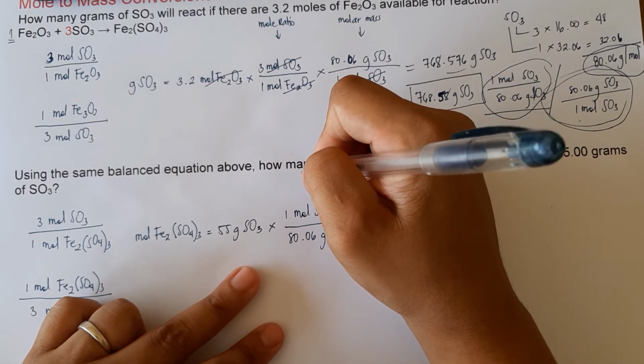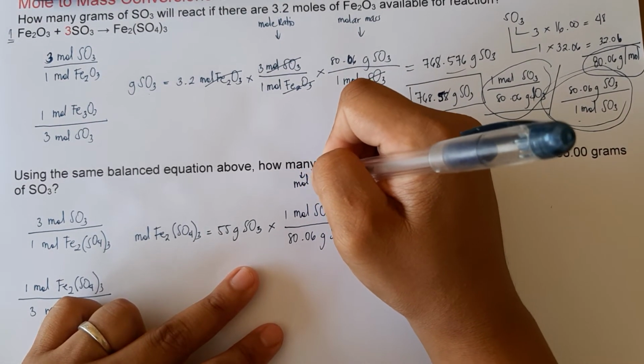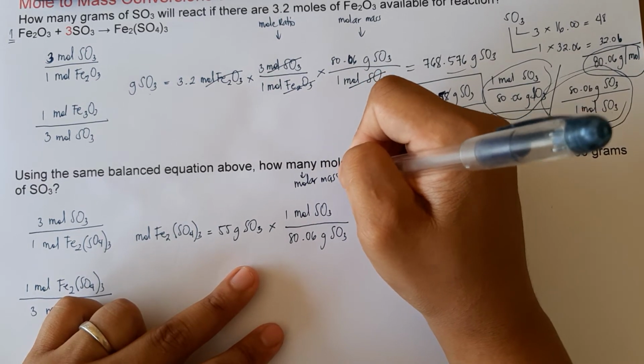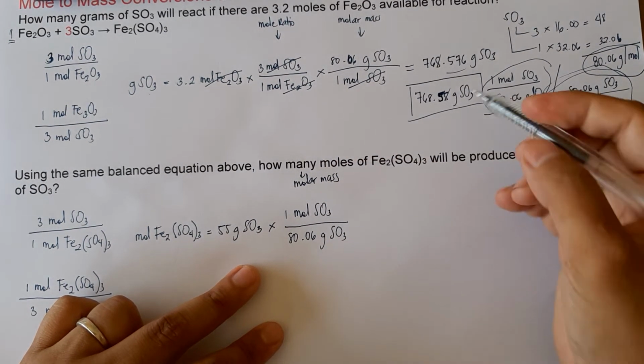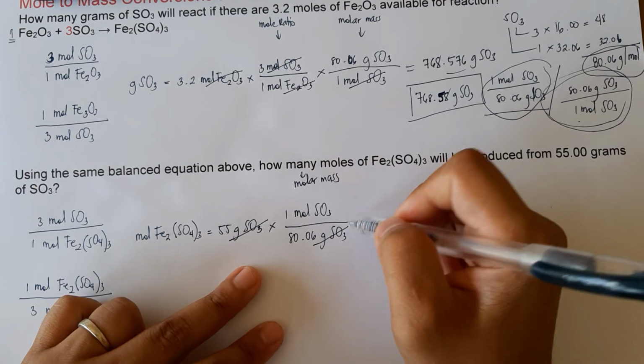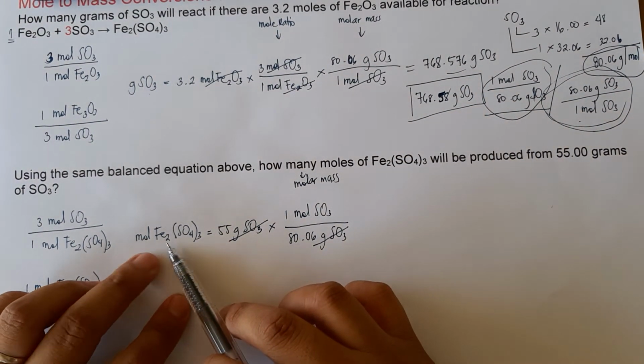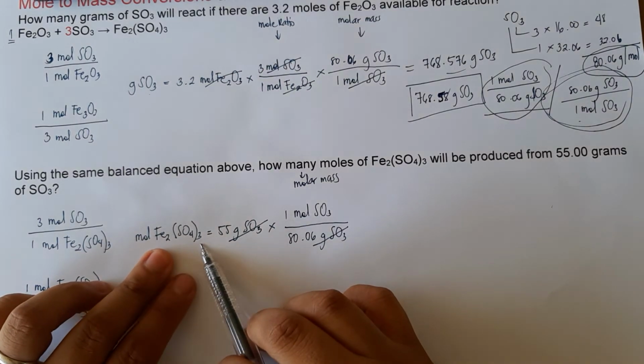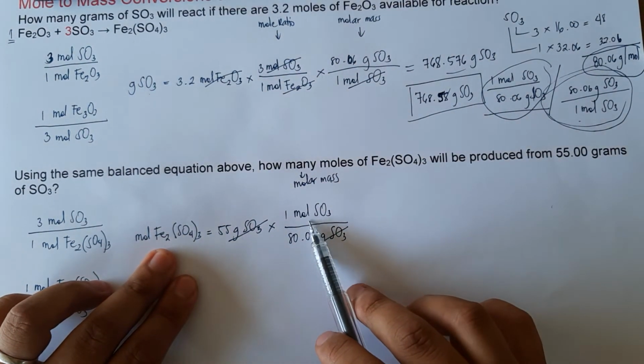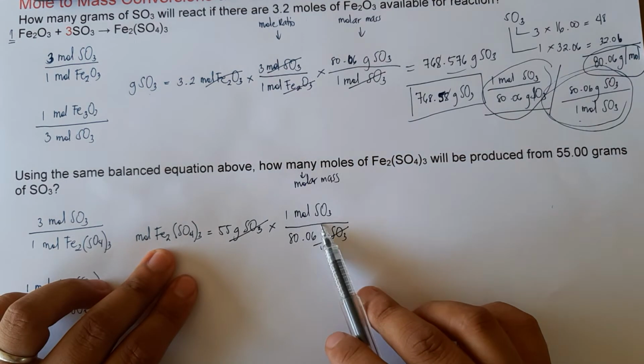Again, this is molar mass. Yan, molar mass naman po itong isang ito. So, cancel natin, cancel. Now, we are looking for the moles of Fe2(SO4)3. Pero yung ating lalabas na unit is mole of SO3.